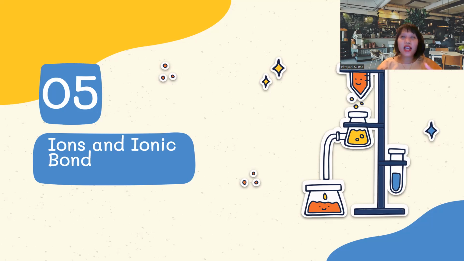But when they lose electrons, they become positive ions, and when they gain electrons, they obtain more electrons, so they become negative ions. So ionic bonding is the bonding that is formed between ions.